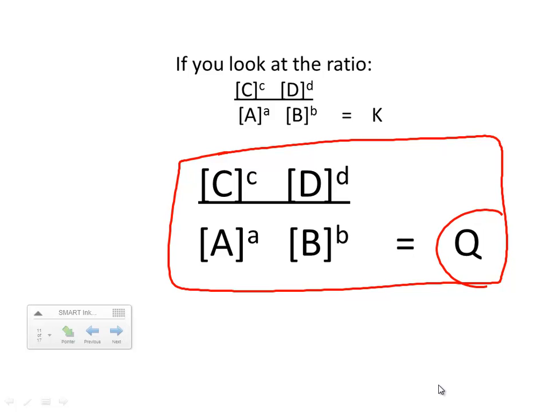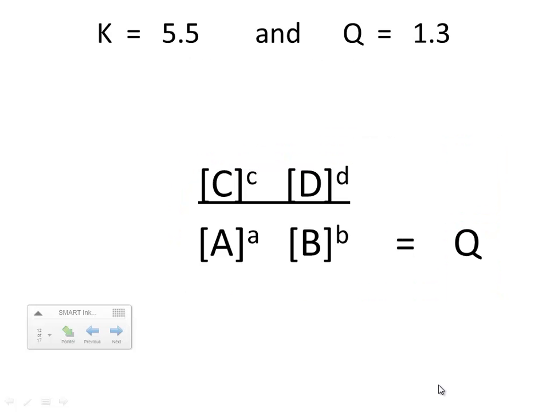What we can do is put in whatever concentrations we have and calculate a ratio value, and we can then compare it to K. And if we compare it to K and determine that it's the same number, that tells us that we are actually at equilibrium. So let's do a quick example. If we've got a K of 5.5 and a Q of 1.3, this tells us that K is significantly greater than Q, which means that in order for these numbers to be the same, in order for us to reach equilibrium, Q needs to get bigger.